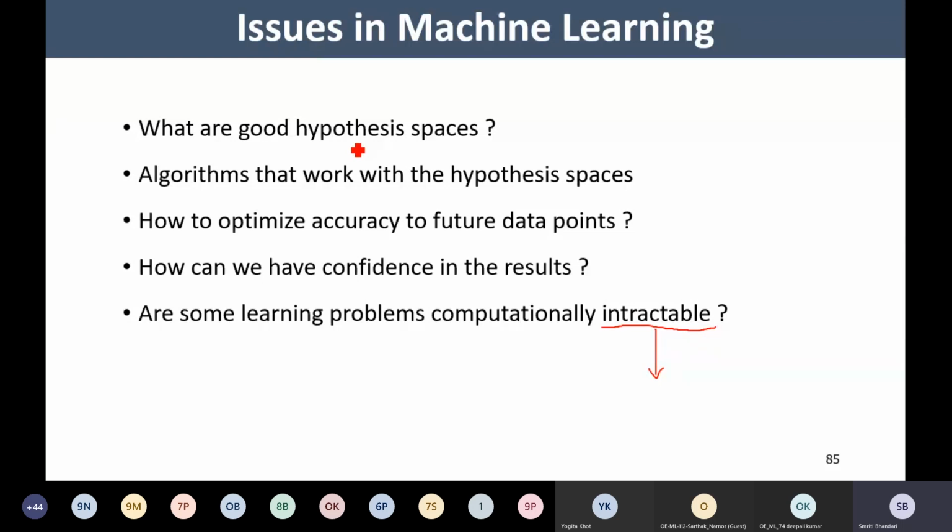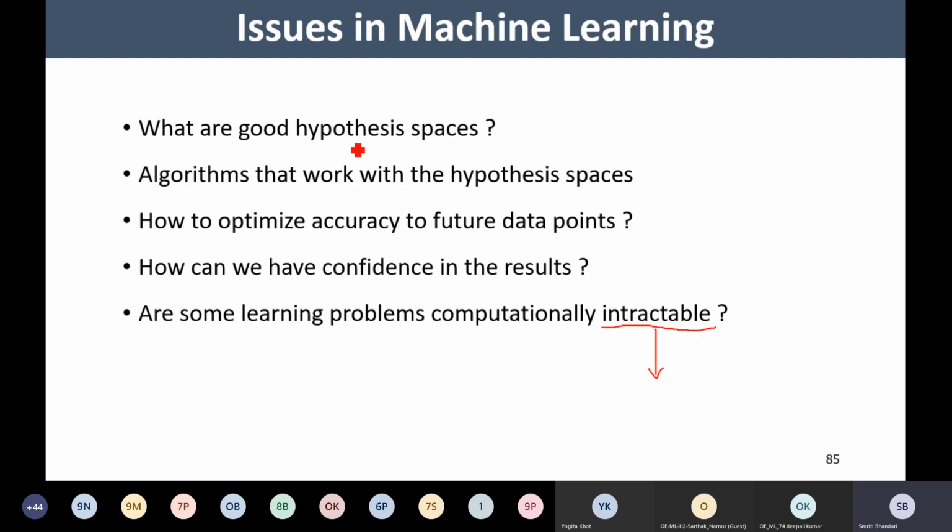Let me give you one example. What kind of class of algorithms do I need to come up with? We had earlier also a discussion with respect to this, right? If I have some problem, I need to think whether I should come up with some kind of linear function or whether I need to go with non-linear functions.